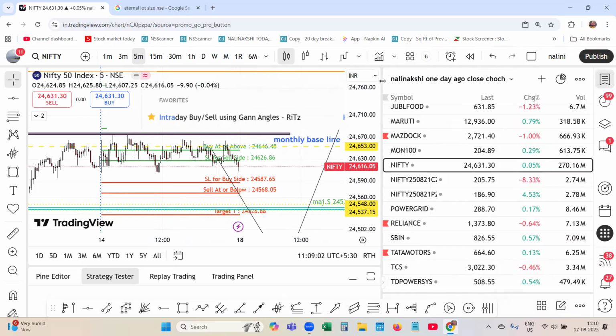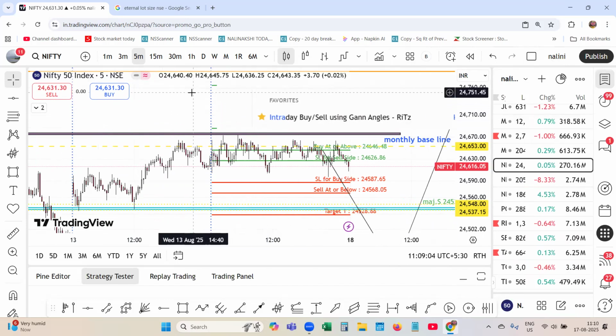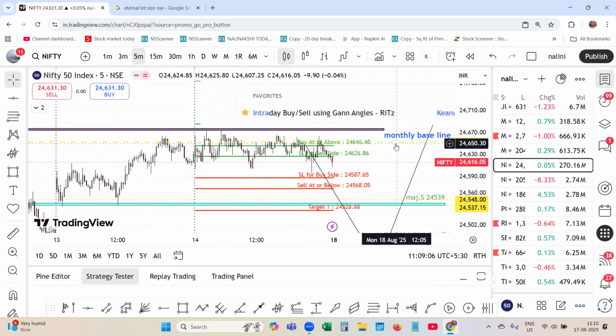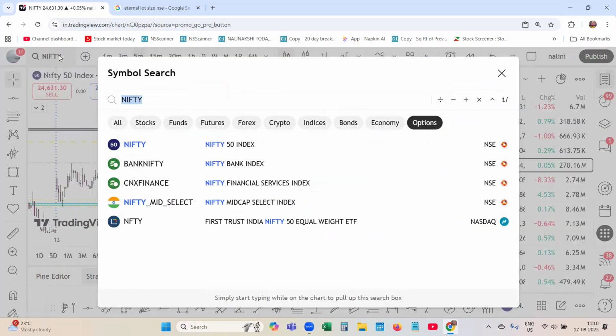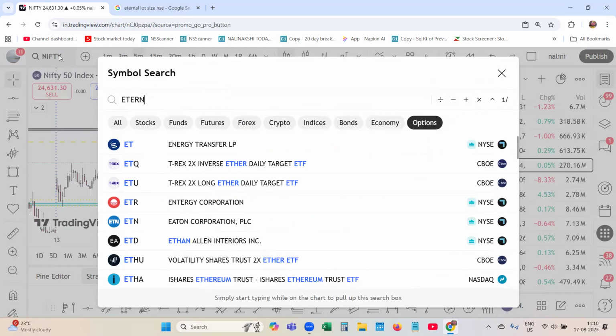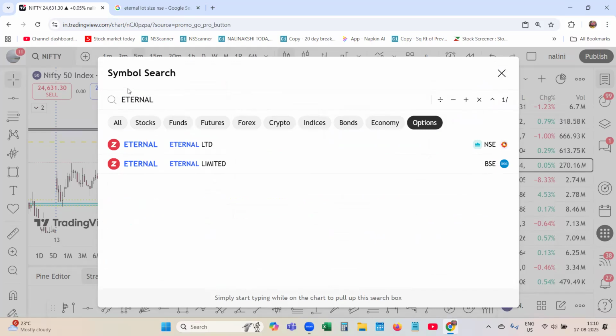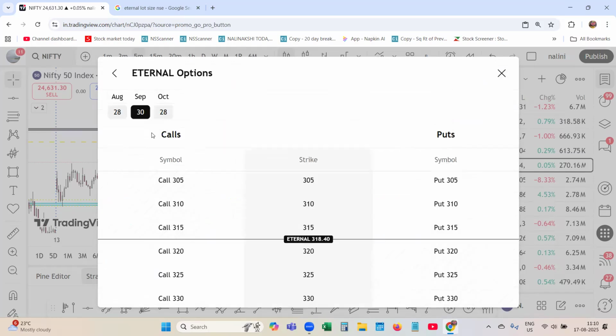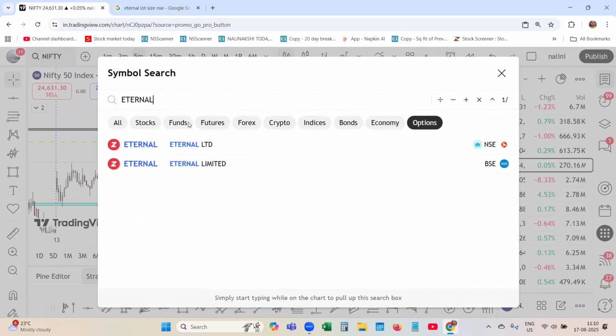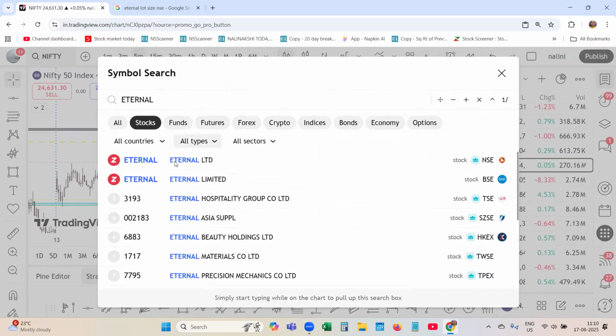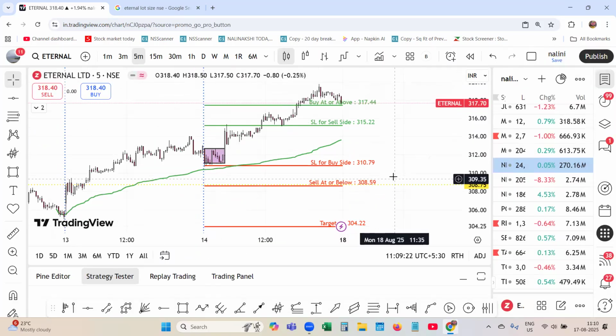You can see over here, intraday buy sell using Gann angles, and you can utilize it for Eternal. It has got flexibility. Let me go back and put it on the stock, Eternal Limited.